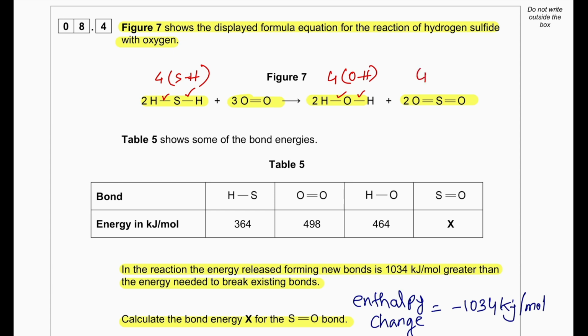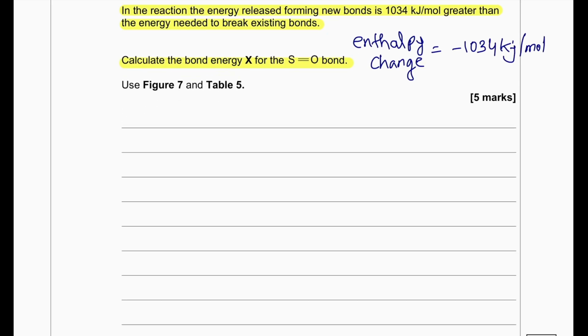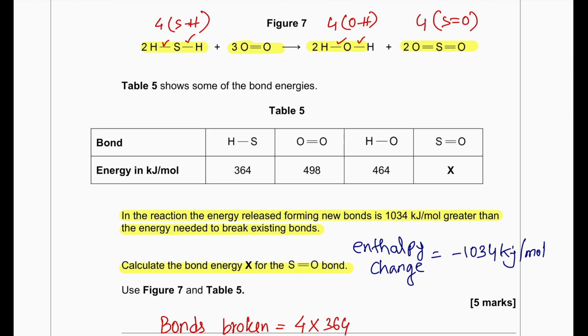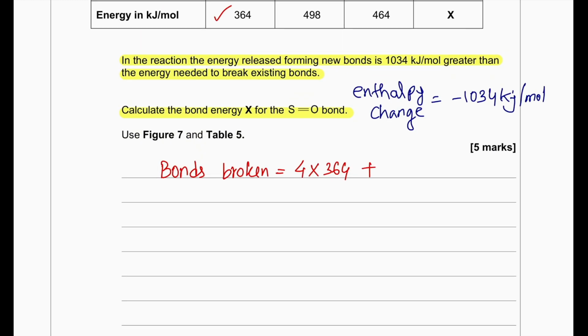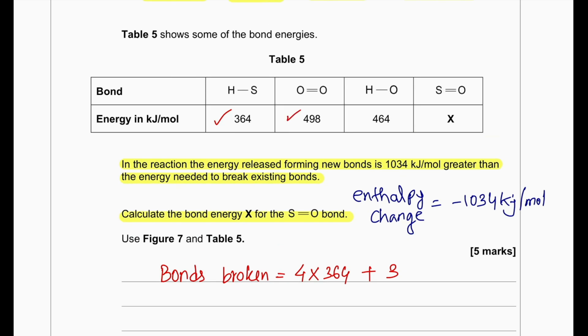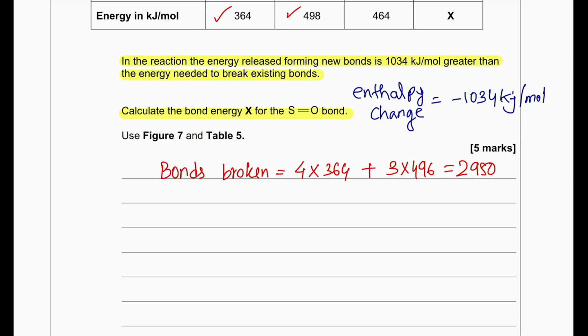The same goes with 4 S double bond O. First we find bonds broken. Bonds broken will be 4 times 364, which we derive from here, plus 3 times 498, which is equal to 2950 kilojoules per mole.